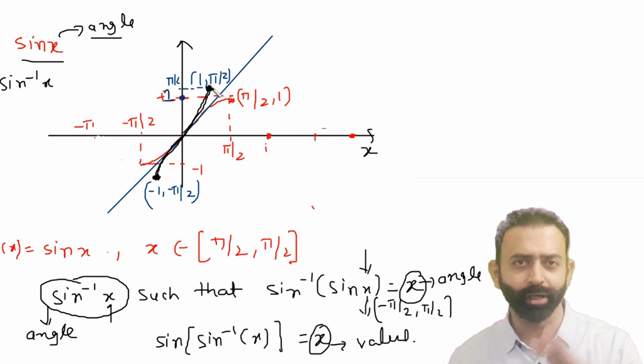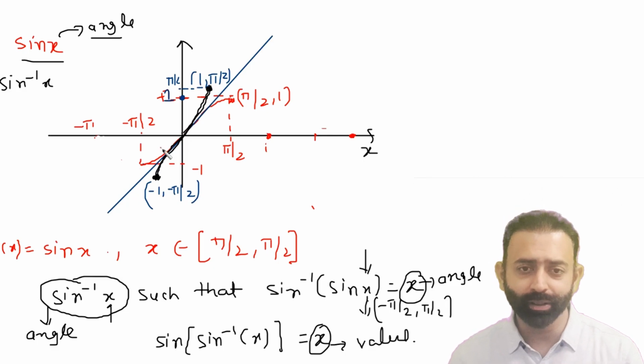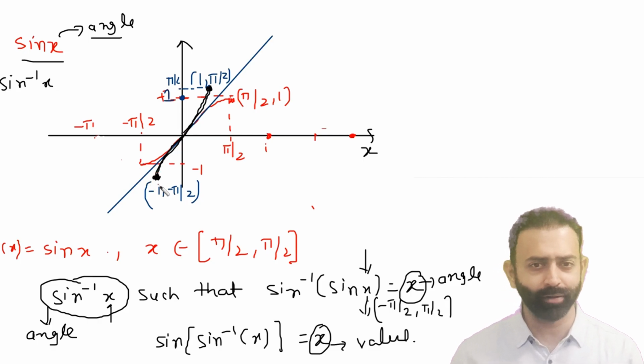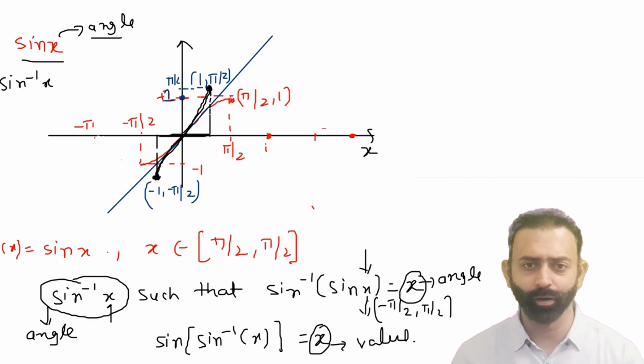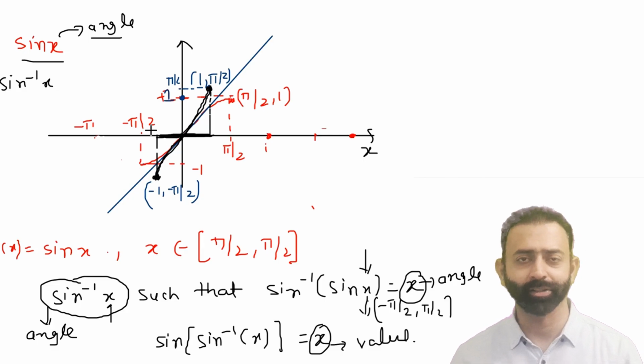Just concentrate on the y coordinate, not on the x coordinate, right? And the input of this sine inverse is from minus 1. The leftmost x coordinate of the graph is minus 1 and the rightmost is 1, right? So between these two values, this is the domain of sine inverse, which is minus 1 to 1.